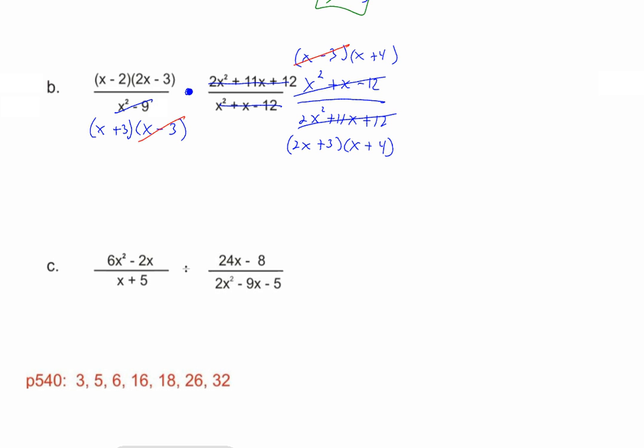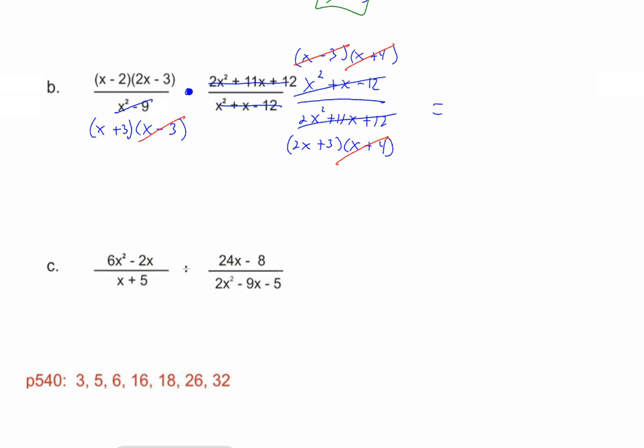And what else? No, I have an x plus 4 and an x plus 4. Is that it? I think that is it. 4 and 3, yep. 8 and 3 is 11, yep. Close, but no reduction.